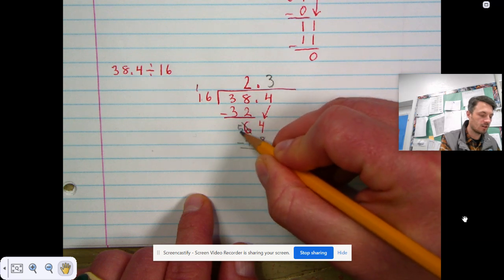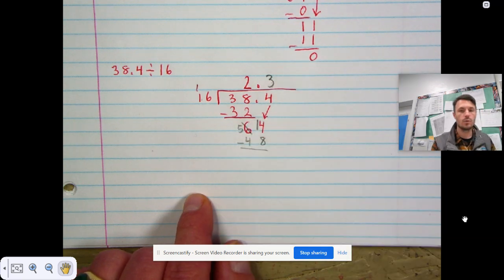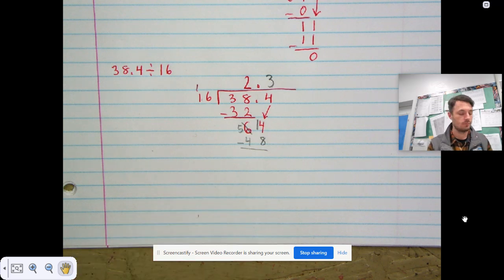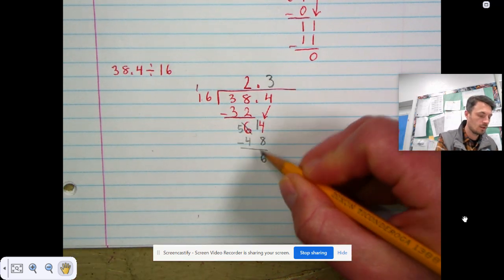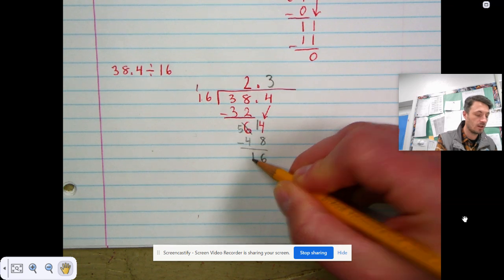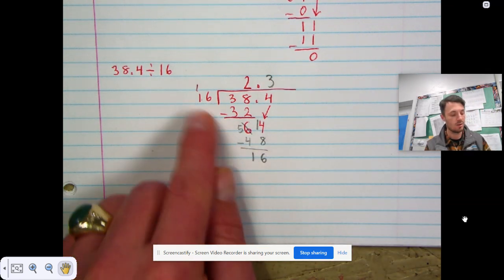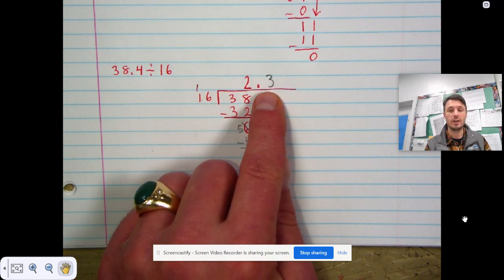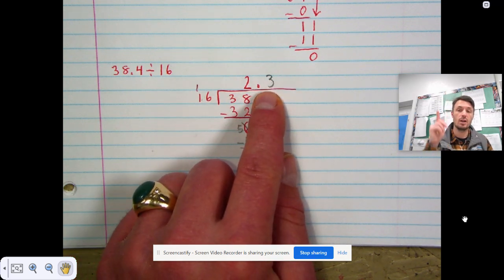Borrow from the 6, make it a 5, making this 4 a 14. What's 14 minus 8? 6. And 5 minus 1 is 1. Uh-oh, look. Is 16 smaller than 16? No. So that means we need to adjust the quotient. Do we adjust the quotient up or down?